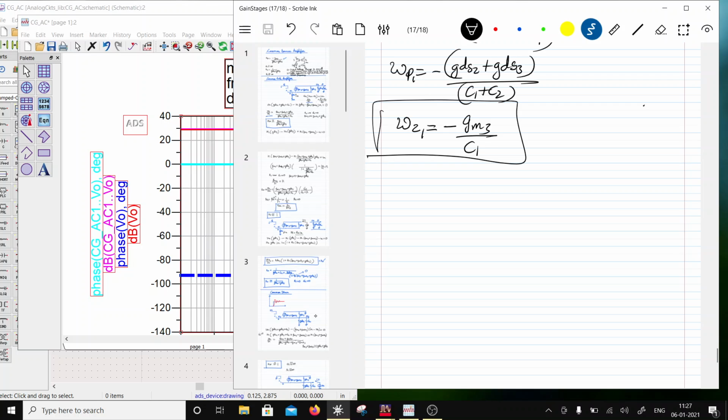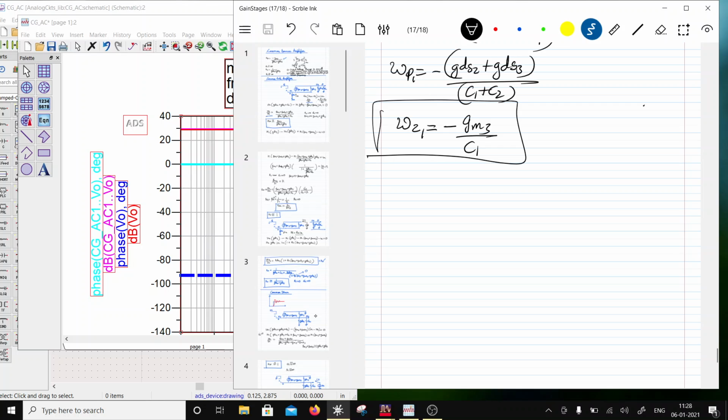And that C in is going to be very far away because the Miller is not referred to the input, but the Miller is grounded. The CGD3 is grounded rather than it is being referred to the input side. So what has happened is that the second pole is still there, but it is very far away because C in is just CGS3 plus CSB3.